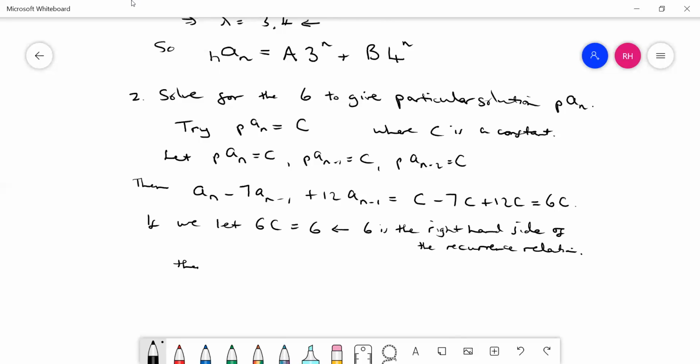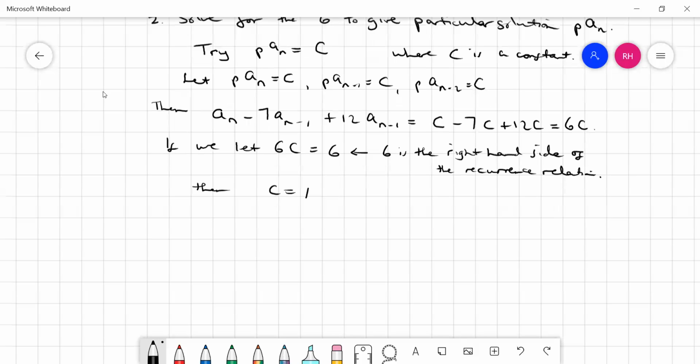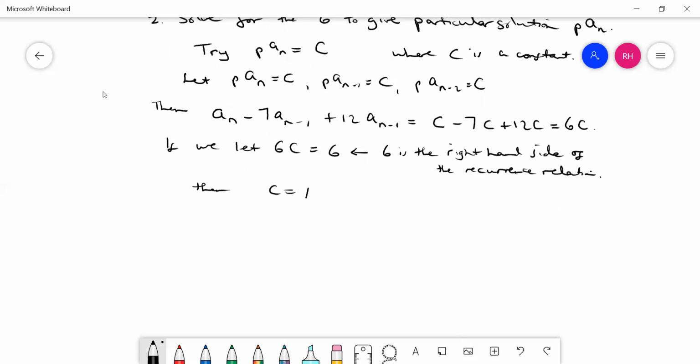Then C equals 1. So what that means is this means that the particular solution equals 1.